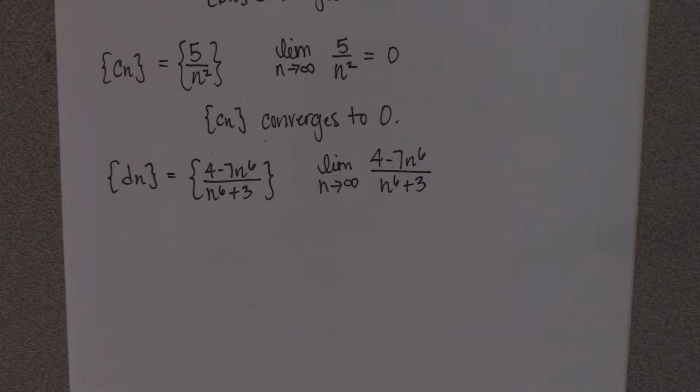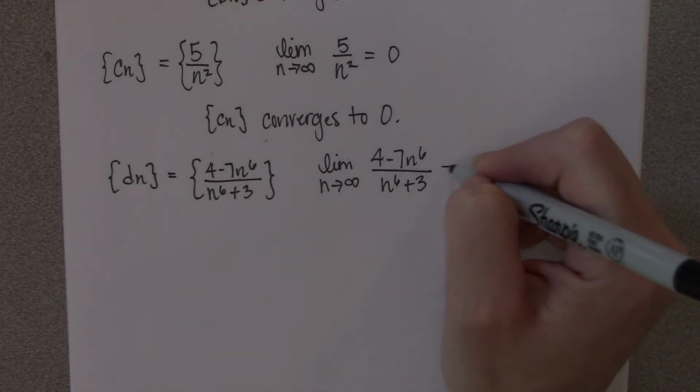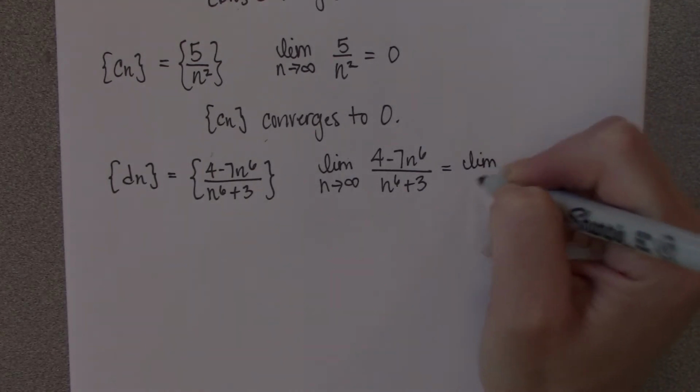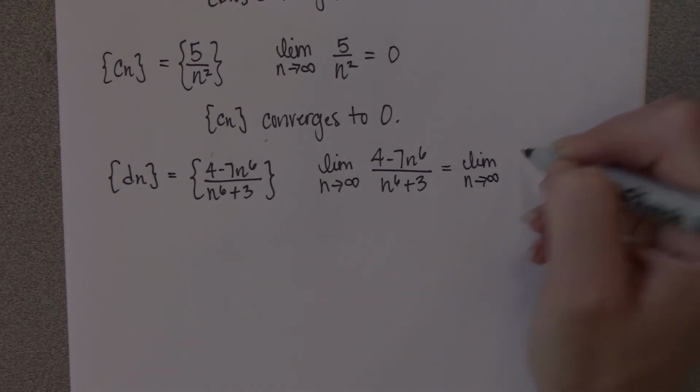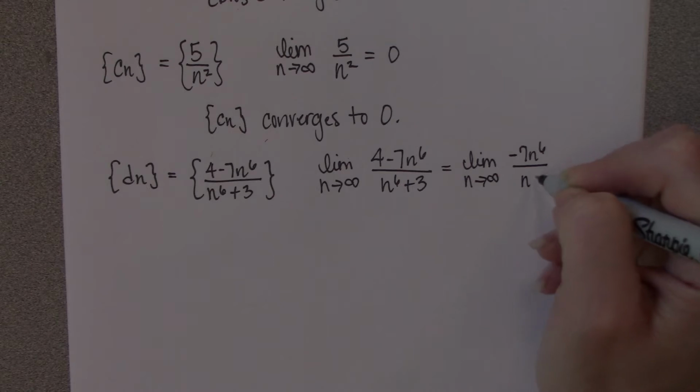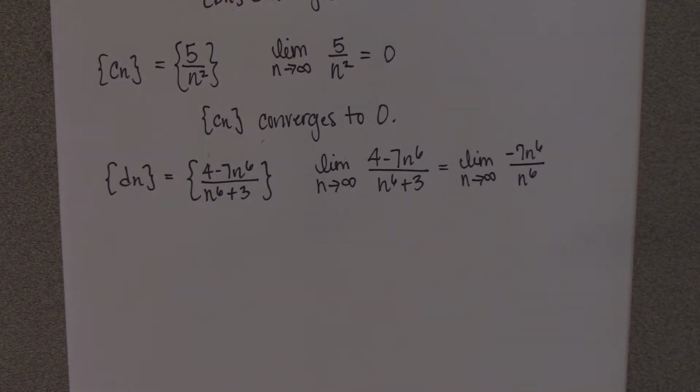So if you raise something to infinity to the 6th, that's going to just mean nothing to infinity squared, right? So another way you can do this, rather than using L'Hopital, is you can say this limit is equivalent to the limit of the highest power term in your numerator over the highest power term in your denominator.